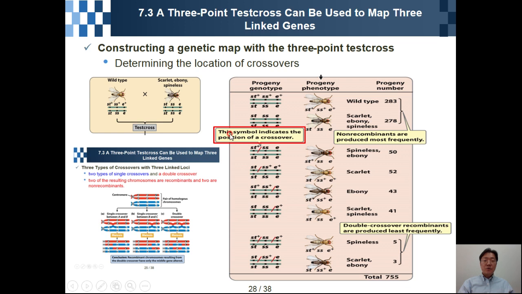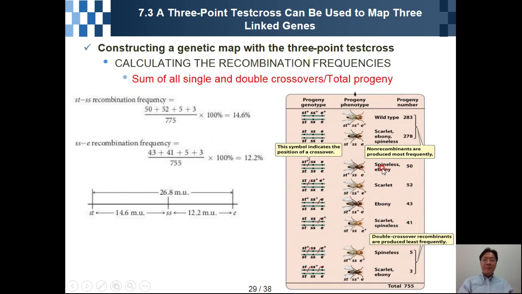So next, the important thing: we have to find the location, the position of crossover, based on the phenotype. Next, we have to calculate the recombination frequency.